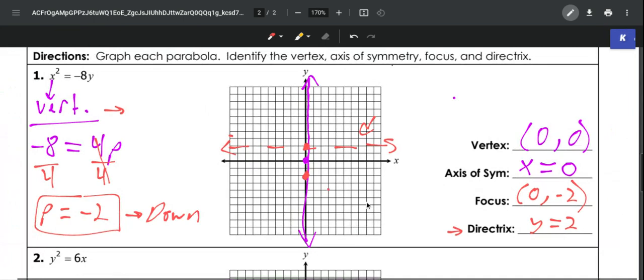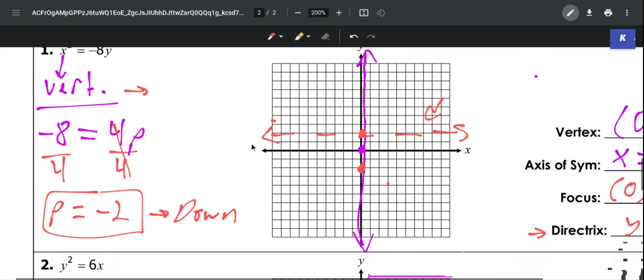So now the last thing we have to do is sketch our parabola. They don't have to be exact, but we can make them relatively exact. So our parabola should go through this point here, which is the vertex. That's our turning point. And it should open downward. So we can just make our parabola look like that. That may not be exact, but it is what it is.